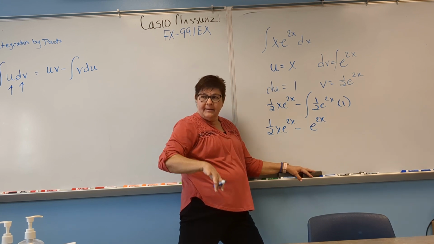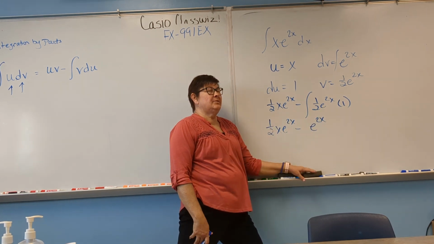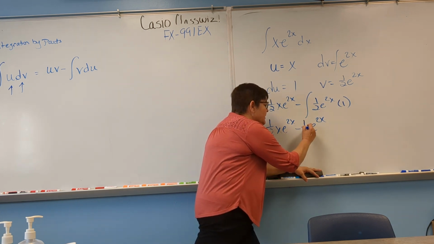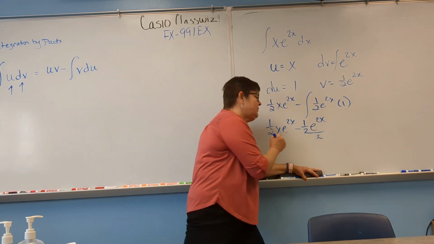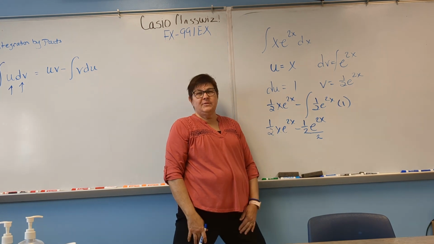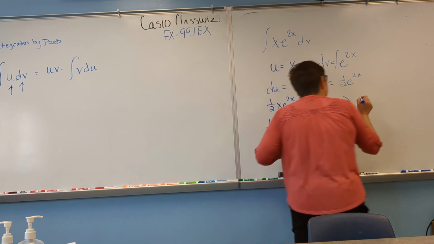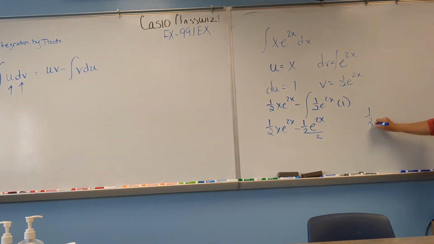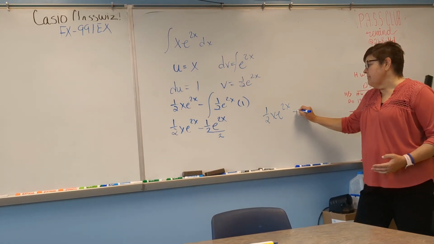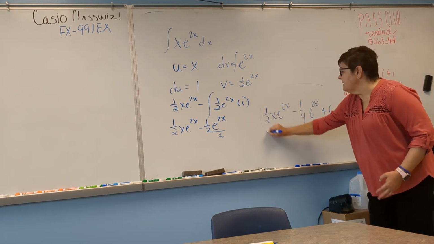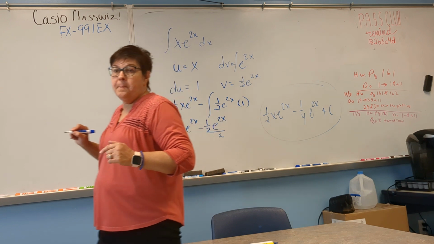Make it go for the ride. And then what do I do when I integrate e to the 2x? I divide by 2. So if I show the work, 1/2 divided by 2 becomes 1/4. So I'm going to clean it up a little bit. I would have 1/2 x e to the 2x minus 1/4 e to the 2x plus c. And that is my integral.